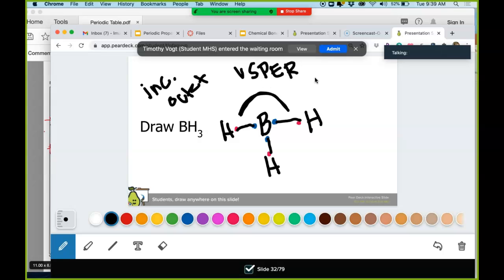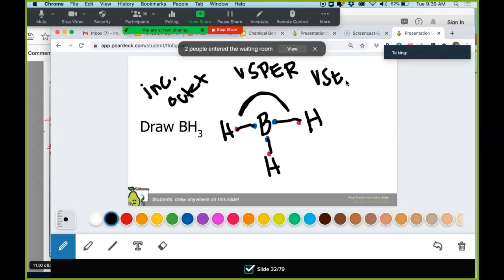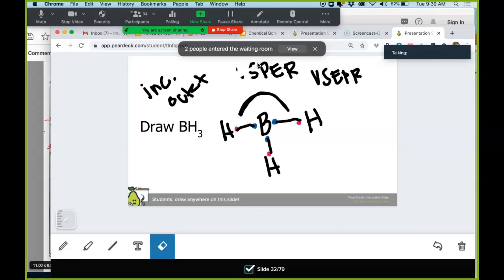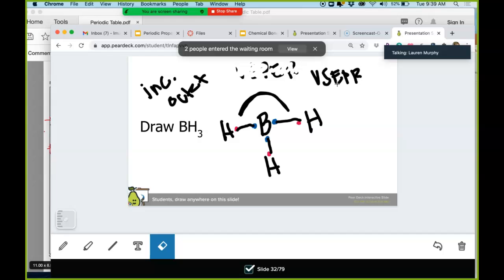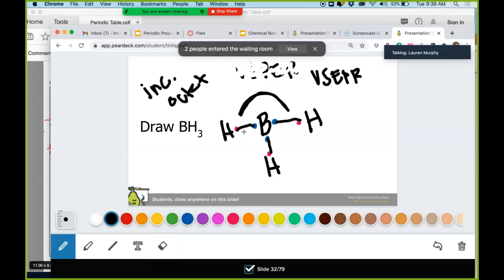Oh, sorry, I wrote it wrong. VSEPR: valence shell electron pair repulsion. So the electrons right here don't like to be next to these electrons, and these electrons don't like to be next to these electrons. So they will orient themselves as far away from each other as possible in space. Well, look at all this empty space right here.